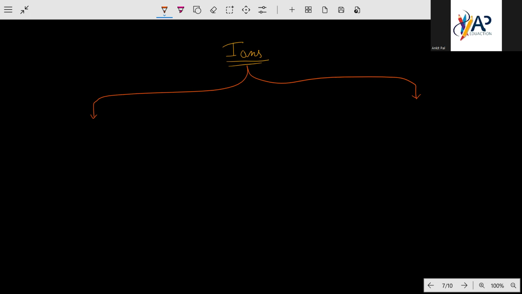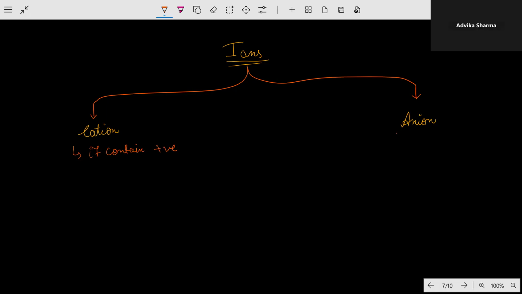So we say that ions can be further divided into two parts, cation and anion, right? Cation contains positive charge and anion contains negative charge.